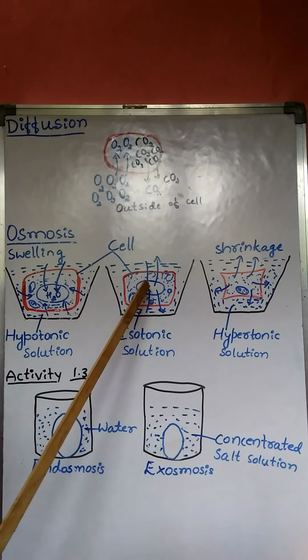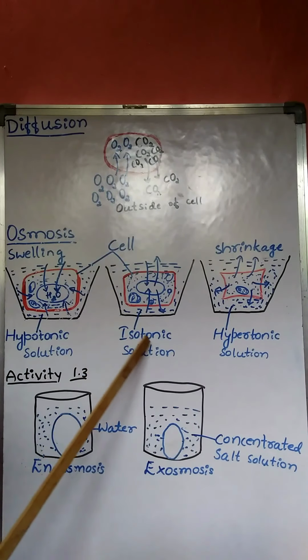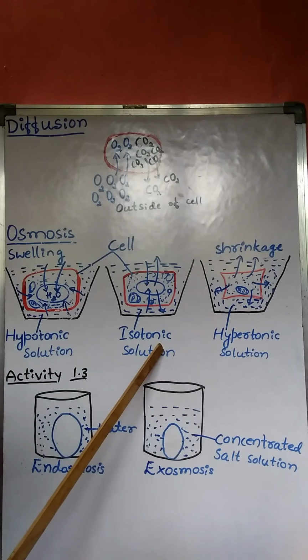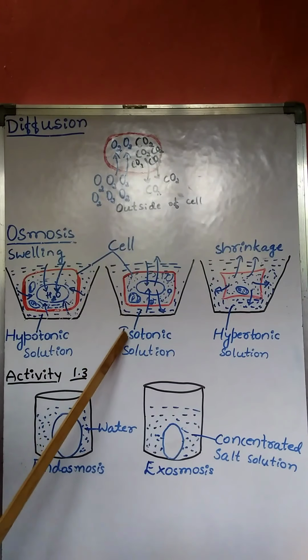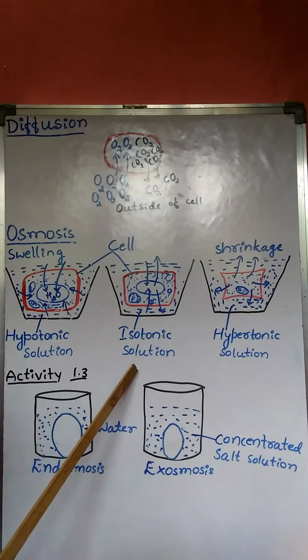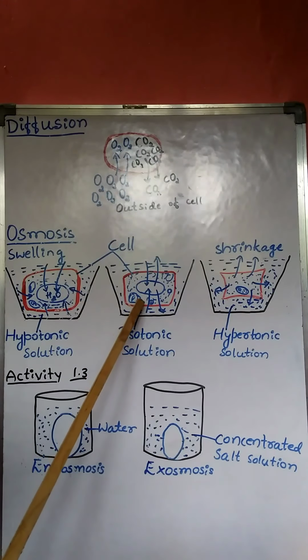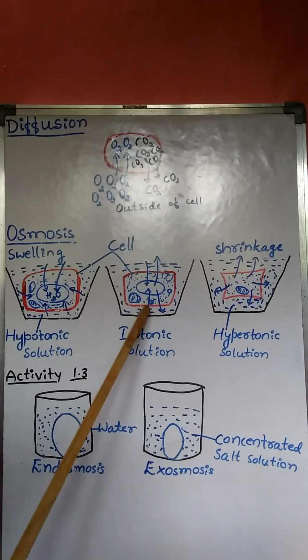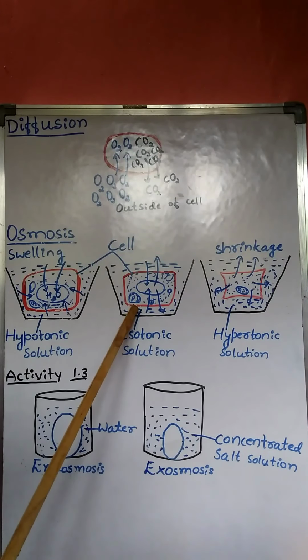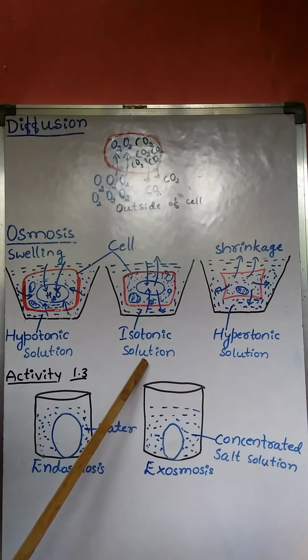Therefore, there is no net movement of water when a plant or animal cell is placed in an isotonic solution. So, the cell size will remain the same. There is no swelling or shrinkage of this cell.